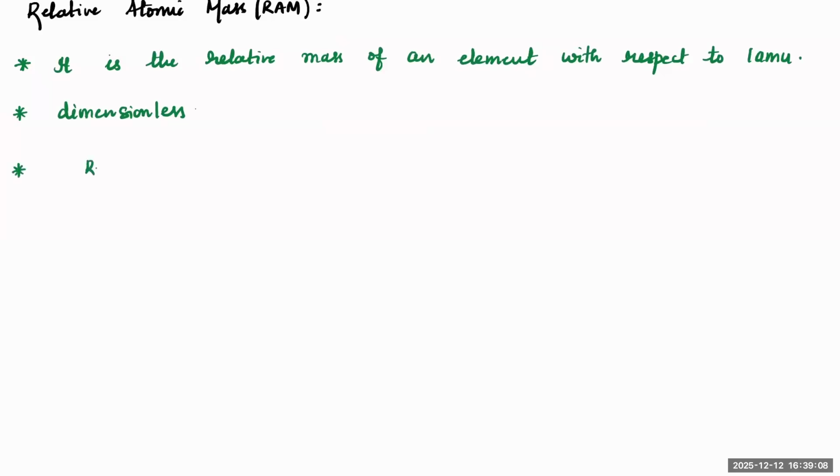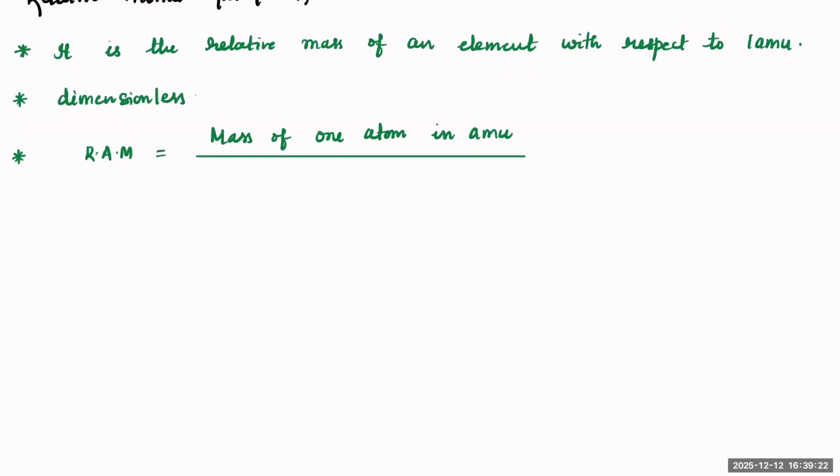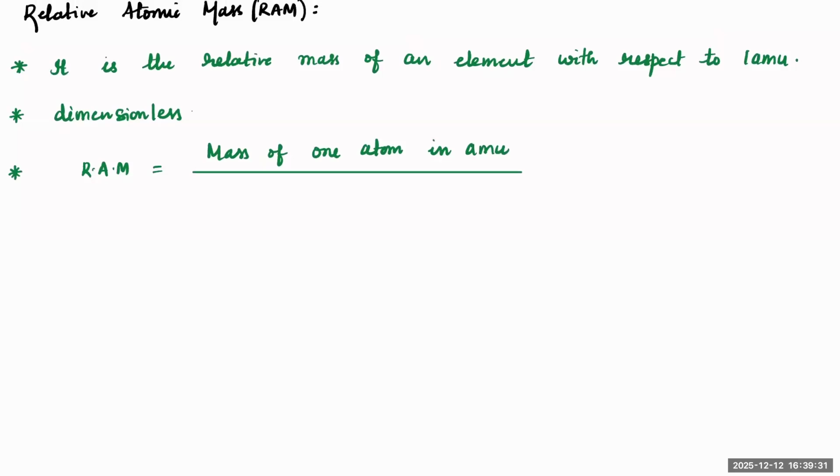And as a formula, how do I write? RAM is equal to mass of one atom in AMU, that divided by 1 AMU.